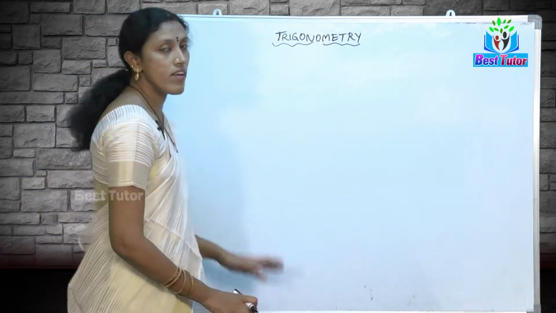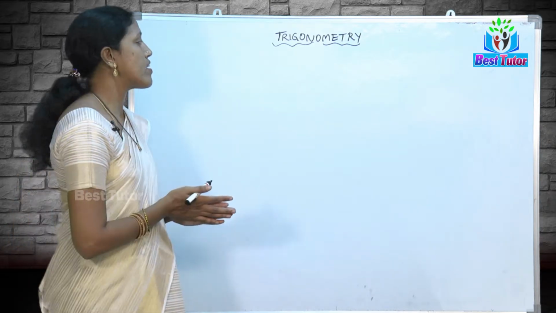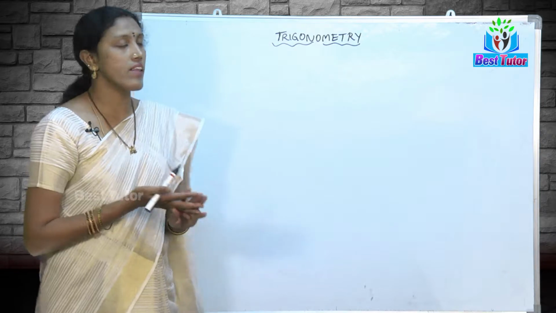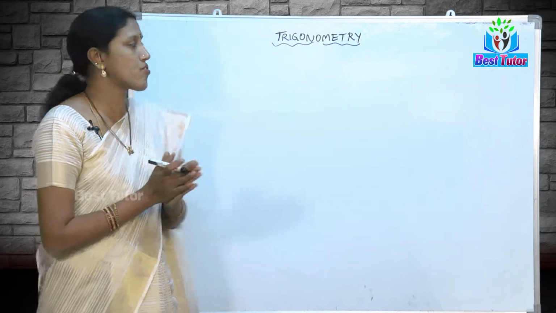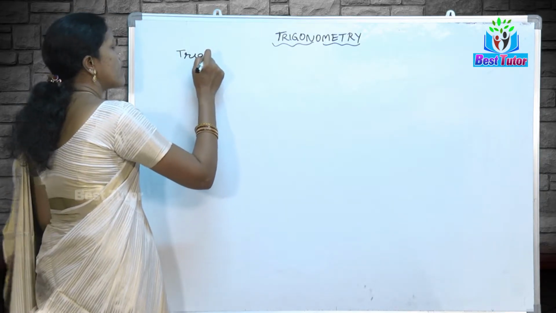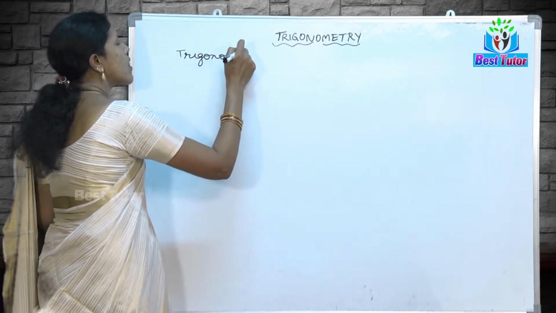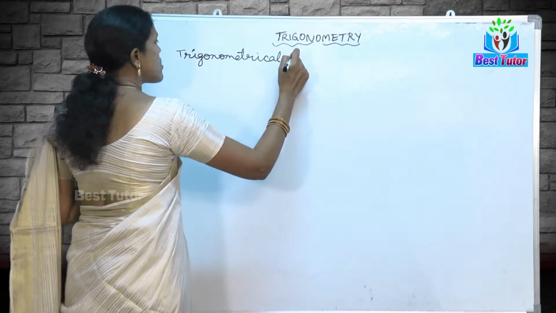So till now we have learned that trigonometry deals with right angle triangles. In particular, we have understood what is Pythagoras theorem and what are the sides opposite and adjacent to some particular angles under consideration. Now what are the 6 trigonometrical ratios? Trigonometrical ratios.